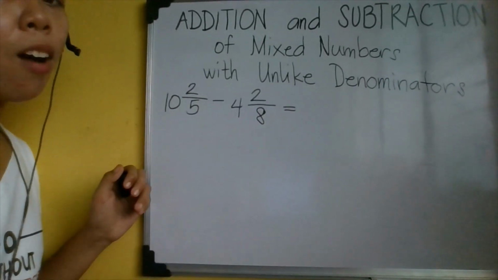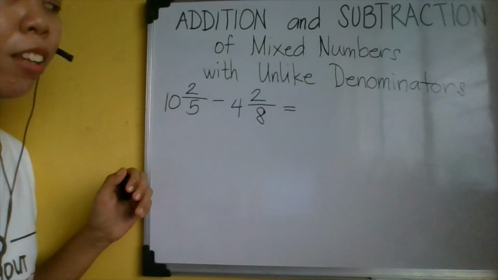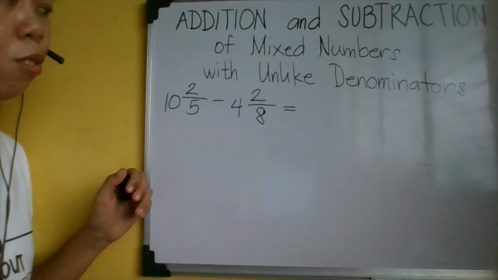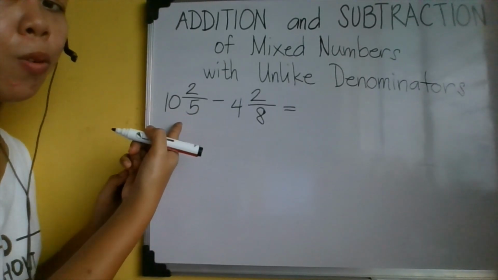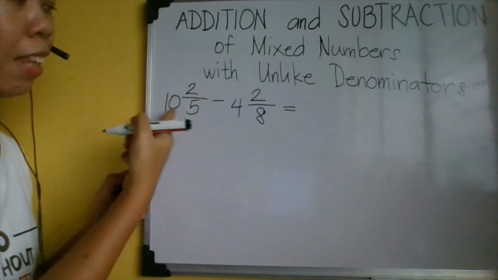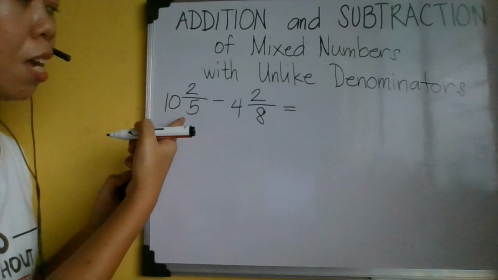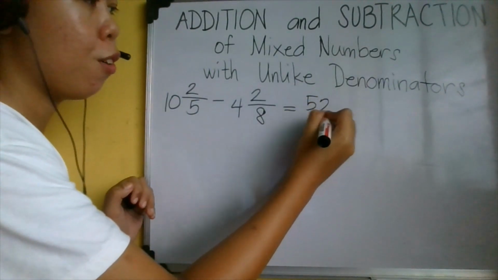Okay, now let us subtract mixed numbers having different denominators. So let us first change this into an improper fraction. So 10 and 2 fifths. 10 times 5, 50 plus 2, that is 52 over 5.